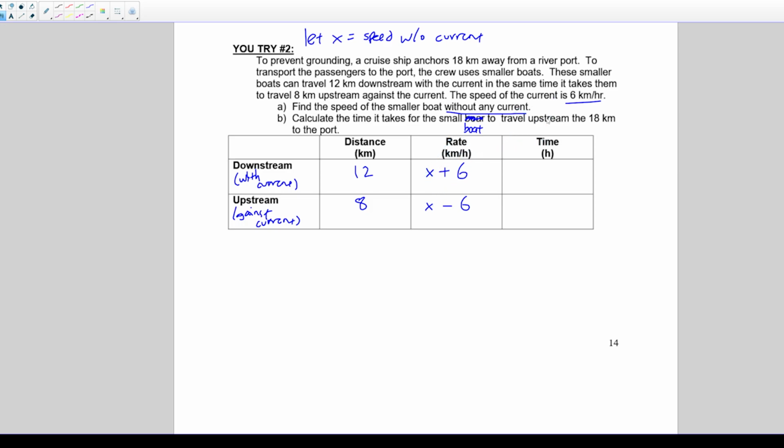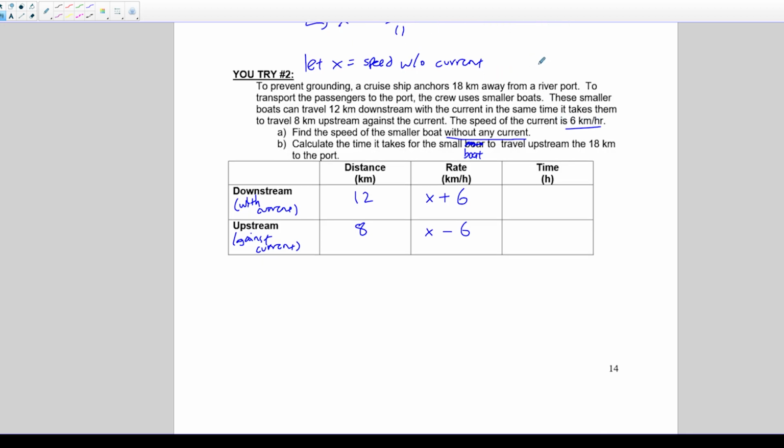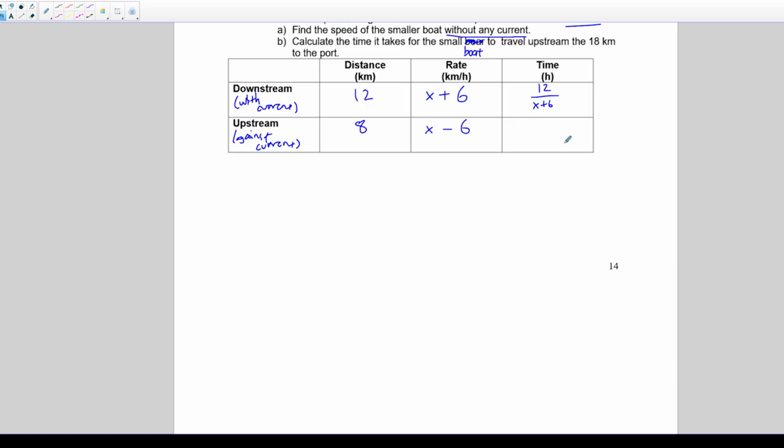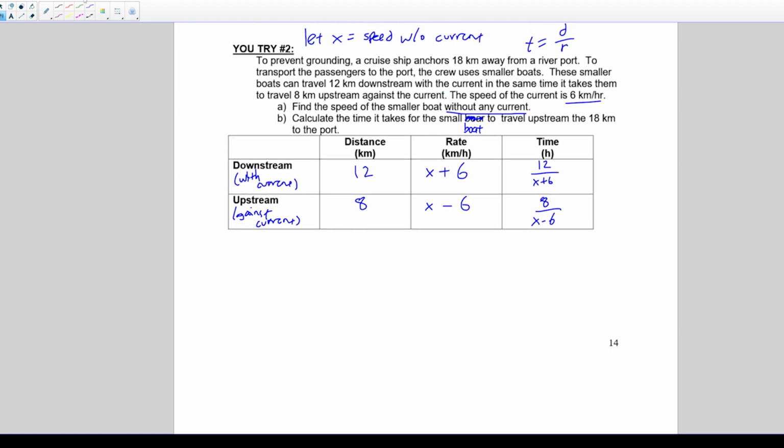Going to our previous formula, we said that t was equal to d over your rate. So we have 12 over x plus 6 as your downstream time, and our upstream time is going to be 8 over x minus 6. The key phrase that helps us set up our equation is that the boats take the exact same time going downstream as they do going upstream.